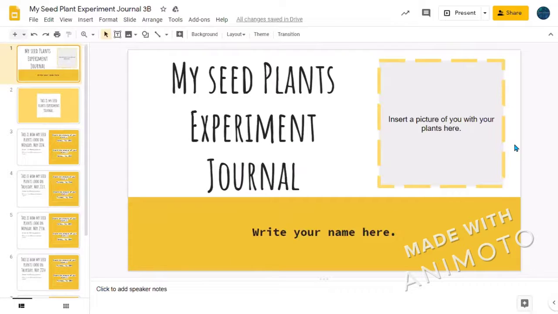One is going to be near the window, and the other is going to be inside the shoebox. So, for this, you will complete the journal using the picture of your plants. You will need to show your plants and then you insert the picture here. And in this part, you are going to write your name.